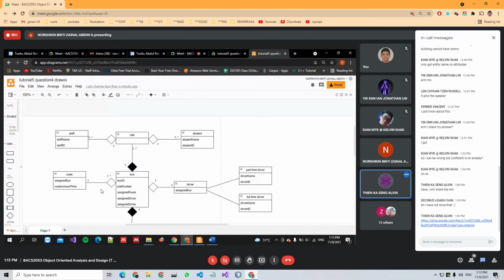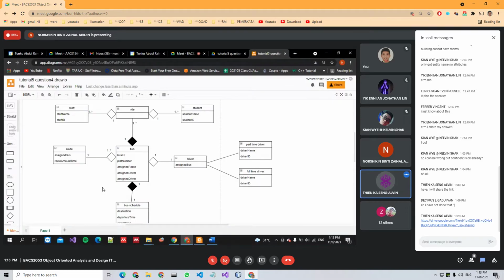So, the staff and student can ride the bus, and I assume I can have the entity class on the bus. Then the bus has the schedule, and inside the schedule entity class there are details like destination and departure time.